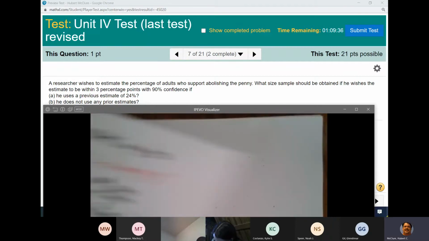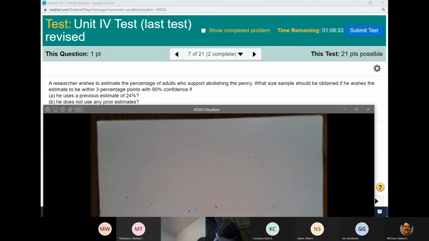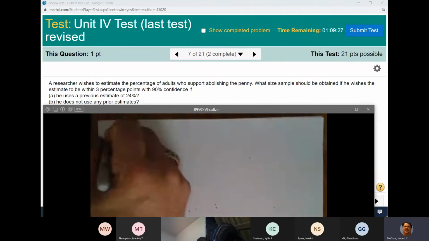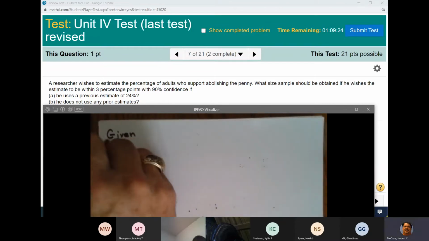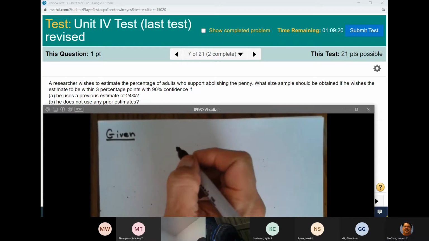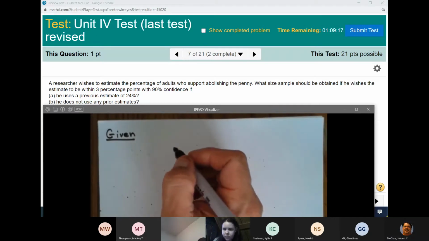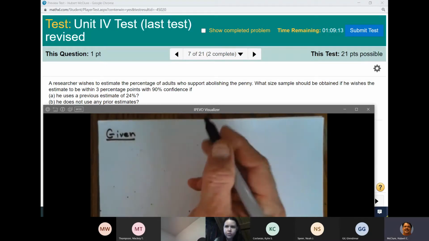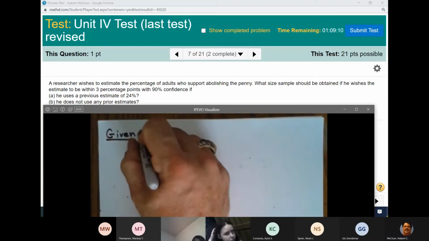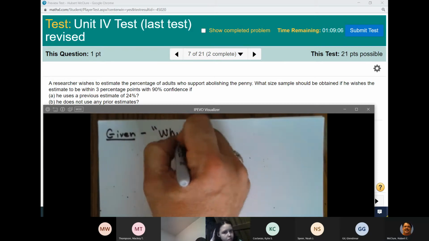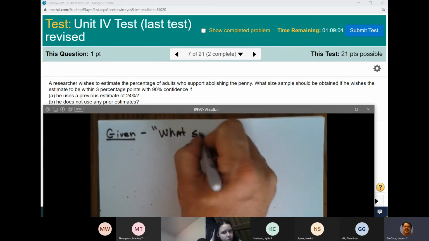Okay, so here we go. First of all, you need to write down what's given. What sample size?